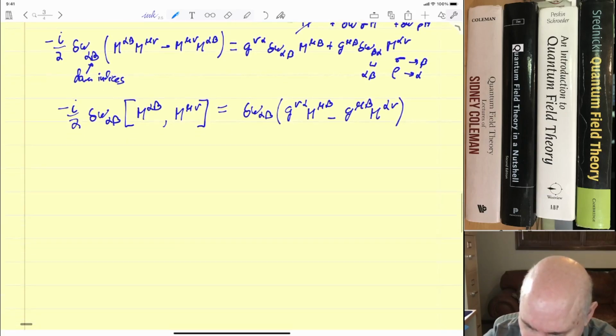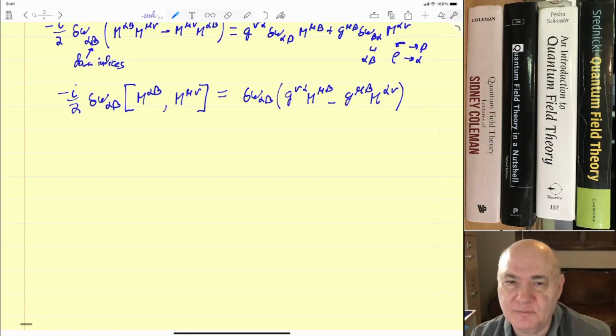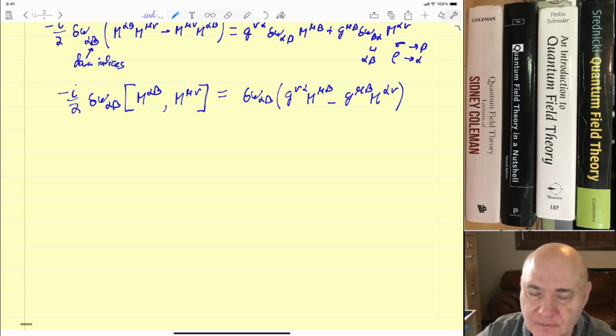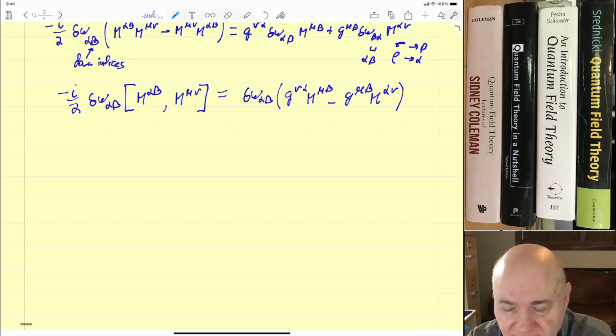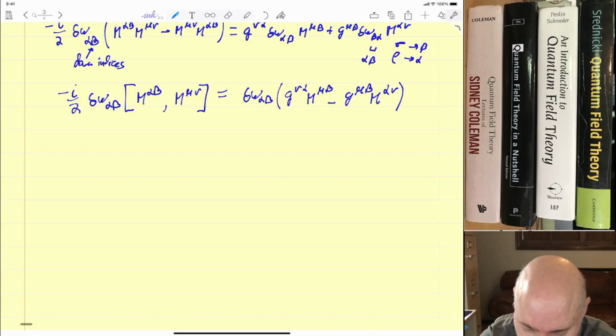Okay. Now, at this point in time, you might think we're done. We can cancel the del omega alpha beta out like we did before. That's the quotient theorem in tensor analysis, and we have our answer, and we'll notice that it differs from Srednicki's book. The answer is you can't cancel the parameters yet, because this is anti-symmetric and this is anti-symmetric.